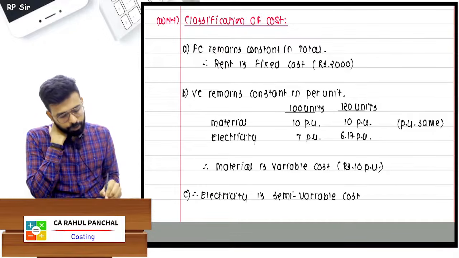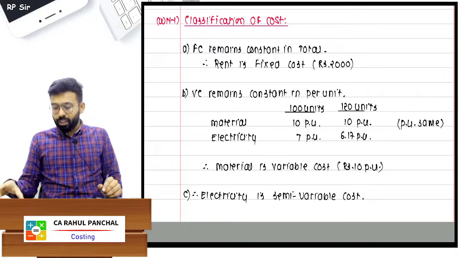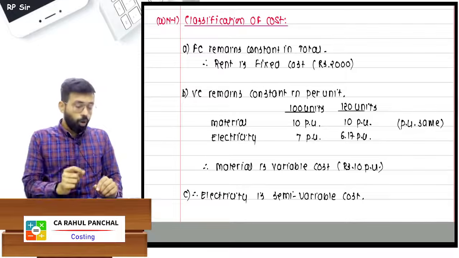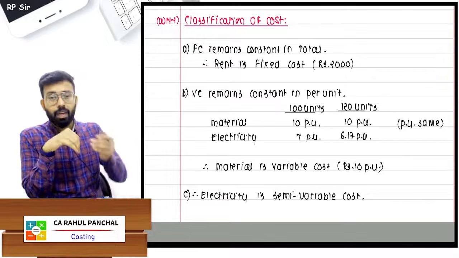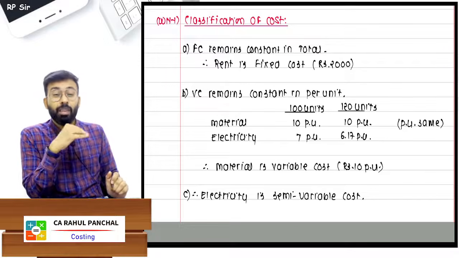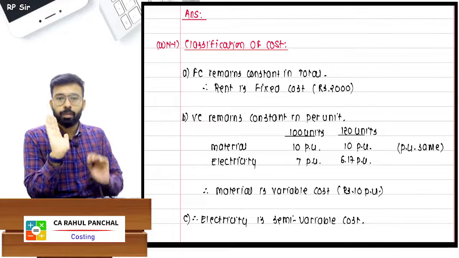Now, once you find the electricity as a semi-variable cost, as and when you have any semi-variable cost, you will always have to make the working for that. So after working note number 1, we are always going to prepare working note number 2, that is the semi-variable cost.